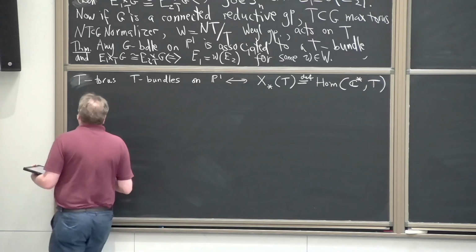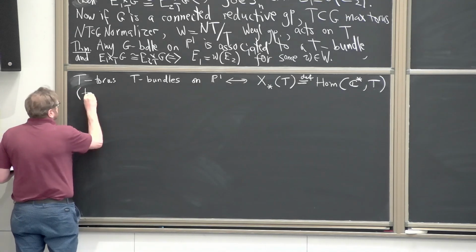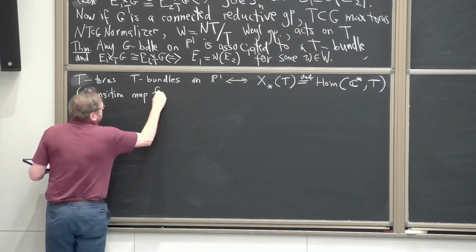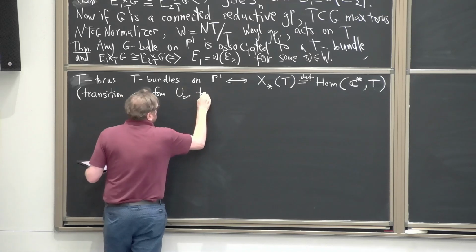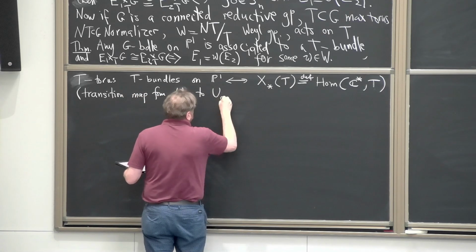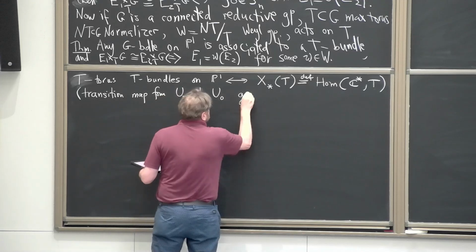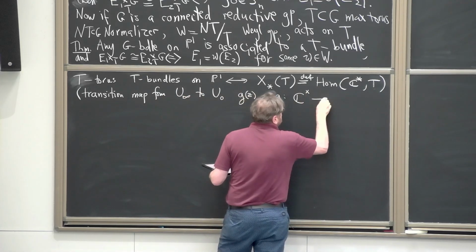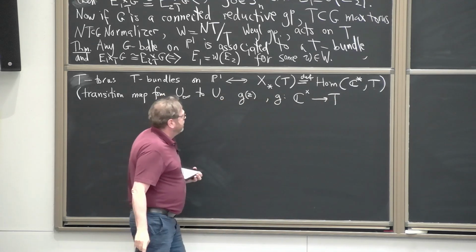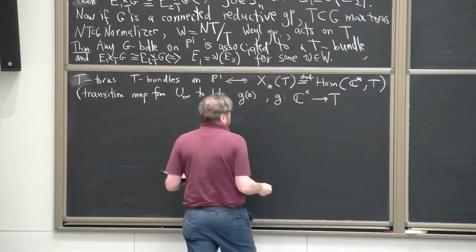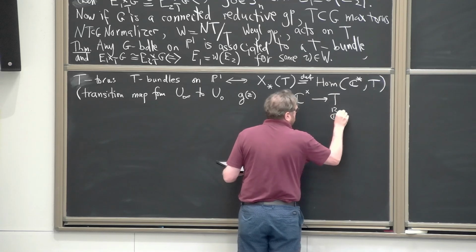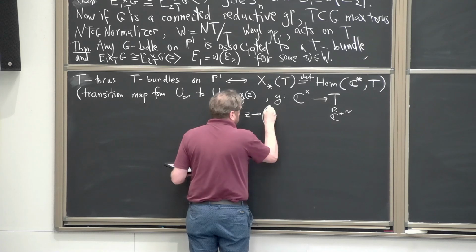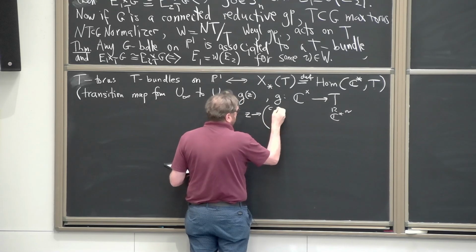Remember that such a bundle is defined by a transition map from chart U infinity to chart U0, g of z. So g is a map from C star into our group. But of course, any map like that has the form z goes to, well, we discussed, for each coordinate we're going to have a constant times z to the n.